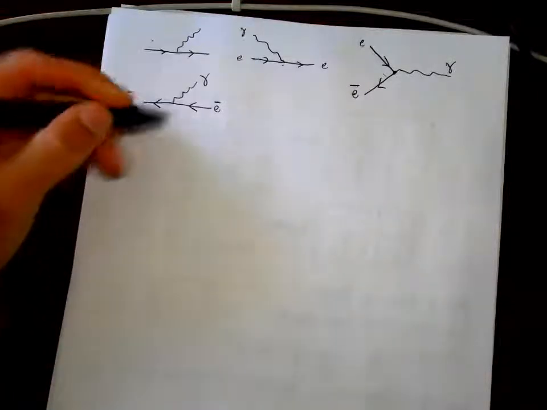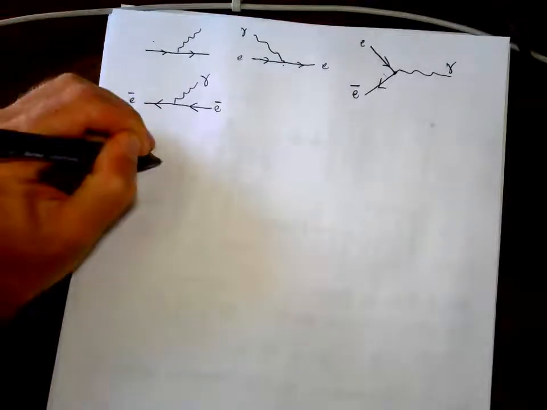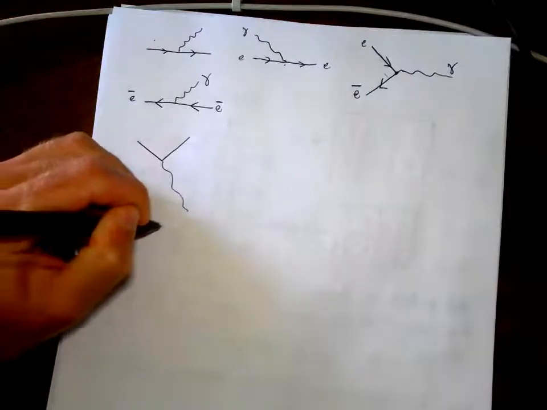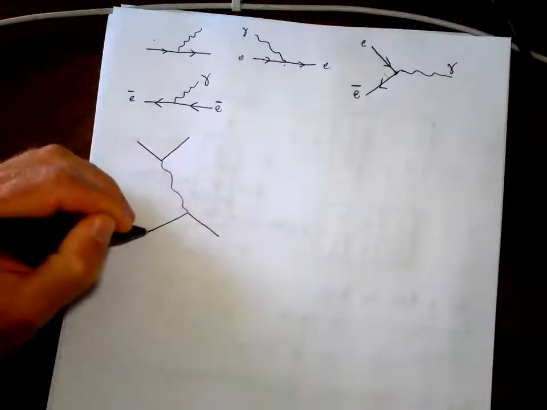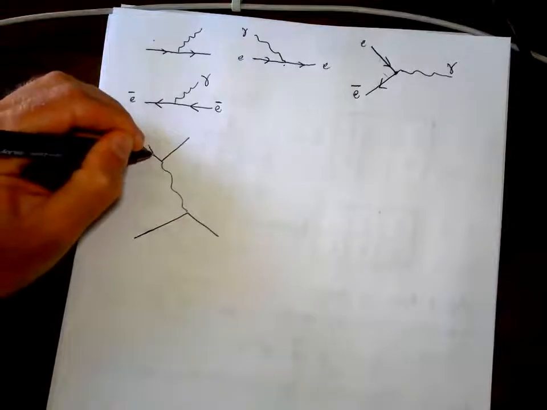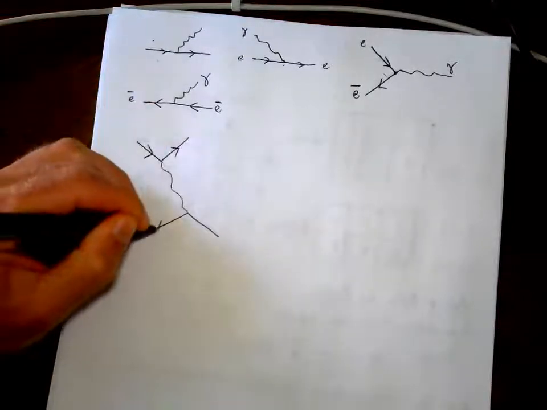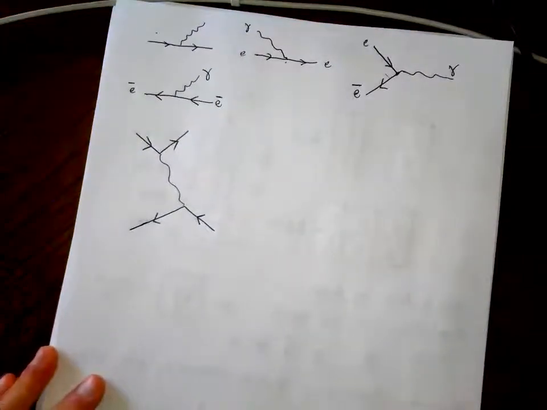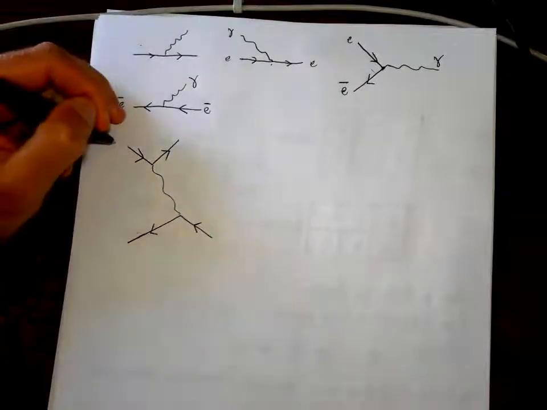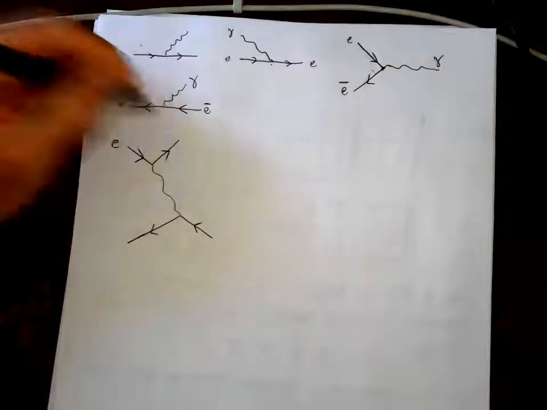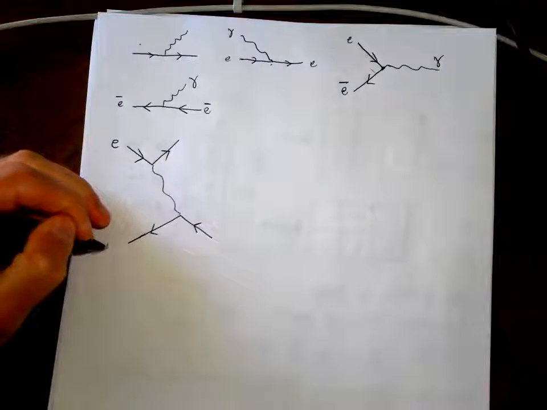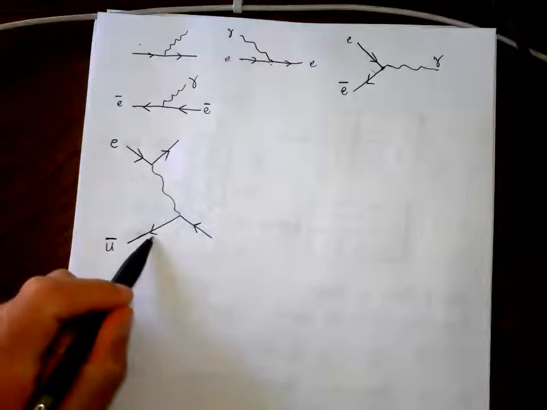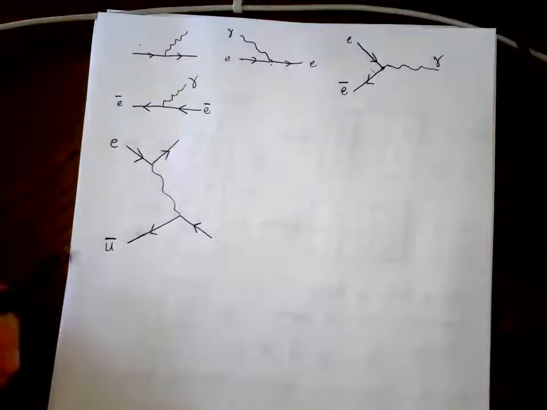So let me show you a Feynman diagram. Maybe a Feynman diagram looks like this. Okay. So maybe this is an electron. Maybe this is an up quark, for example. Actually, this would be an anti-up quark, because see how this arrow is going against time.